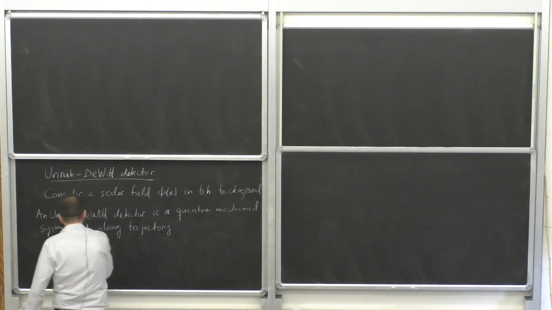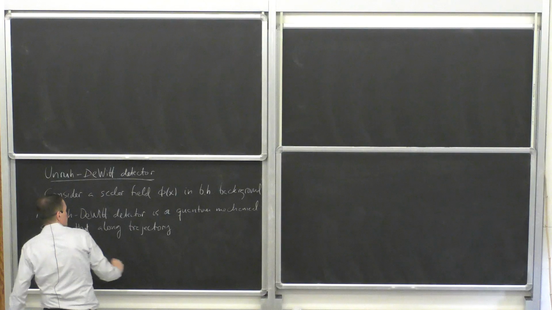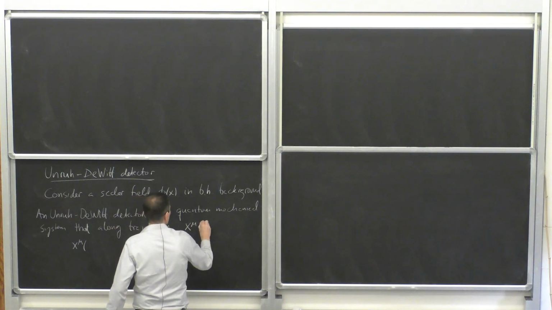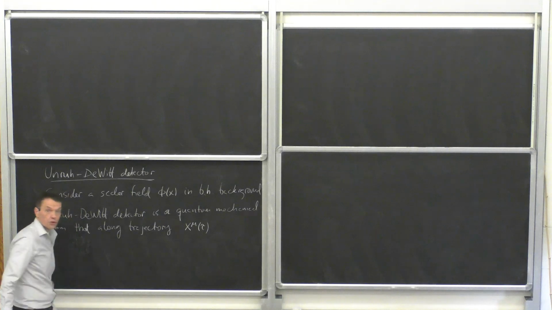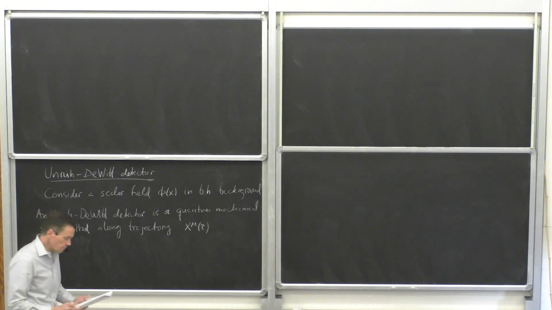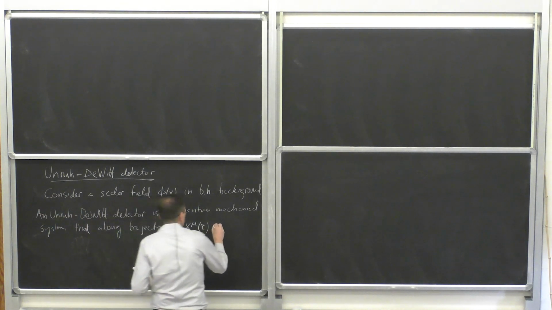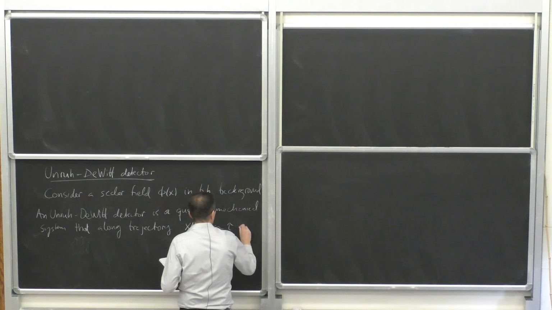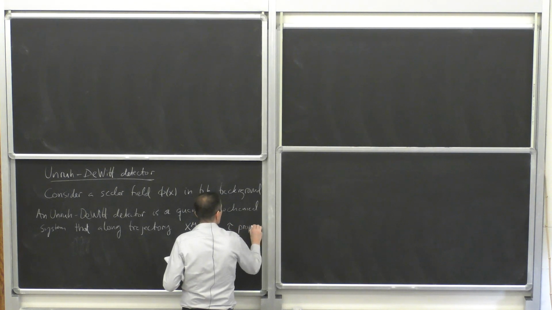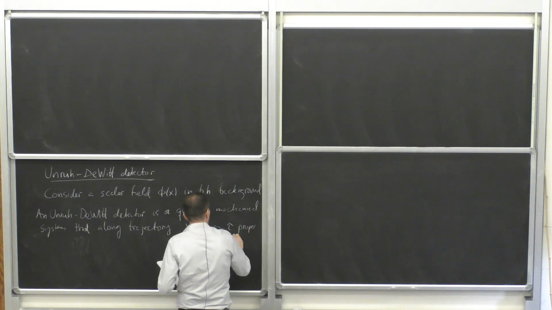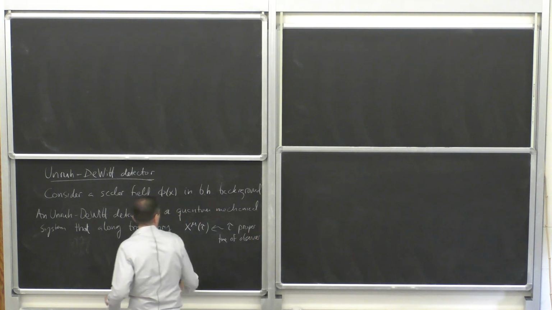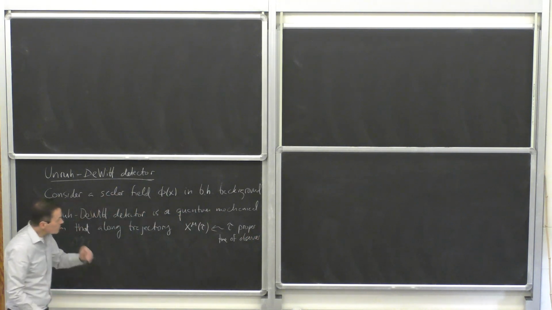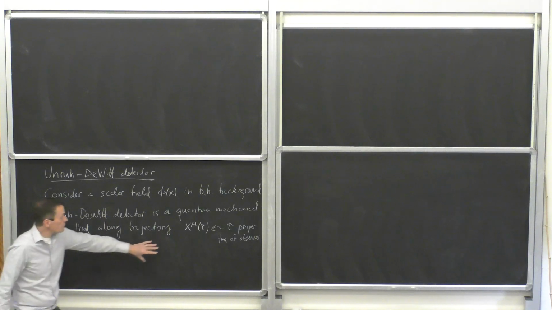Okay, so the trajectory we're going to describe as just a parameterized curve in the background spacetime, and tau here is the proper time of the observer. So this is really just the worldline description of the observer.